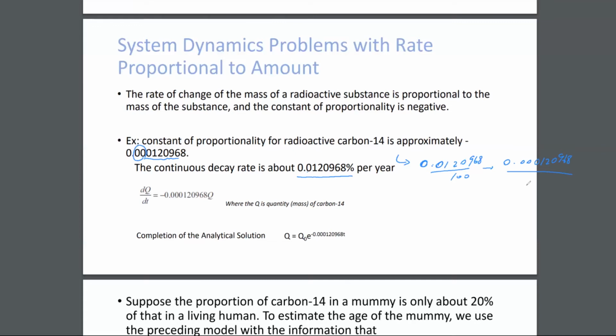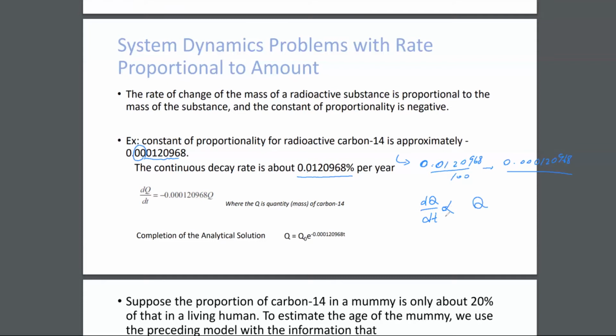Okay, so the proportionality constant is this much. This is what the value is. This is the rate of change, right? So if you get the proportional equation, what this says is that after some time, the change in the quantity, the amount of carbon in your bone, is proportional to the initial quantity.